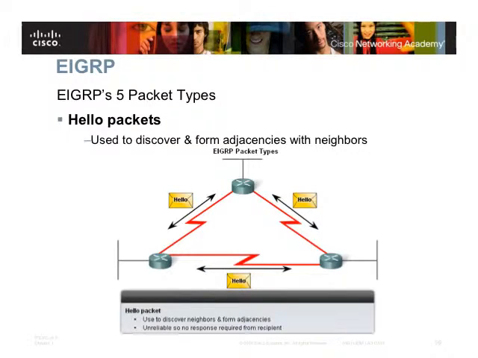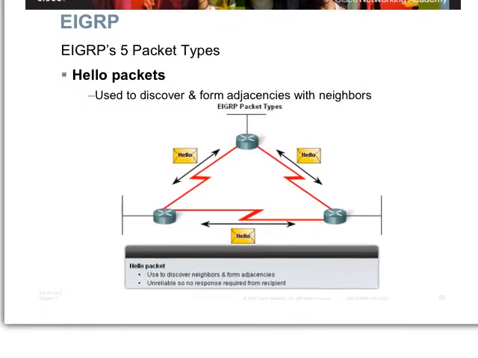So that's the first type of message. The hello protocol is used to discover neighbors and form adjacencies. This router will have to form its own neighbors.